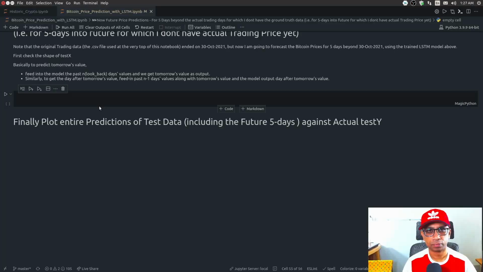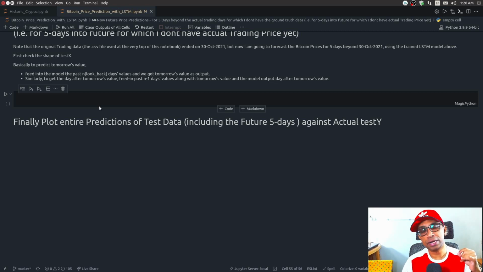So let's do that. And most importantly, remember that our look back period has been defined to be 5 days. That is, I am looking back 5 days to predict the 6th day of Bitcoin prices. So here also, when I'm trying to predict the future 5 days, for predicting the first of the future days, I will look back the previous 5 days.